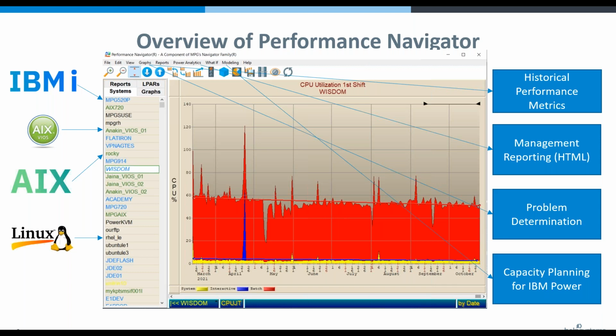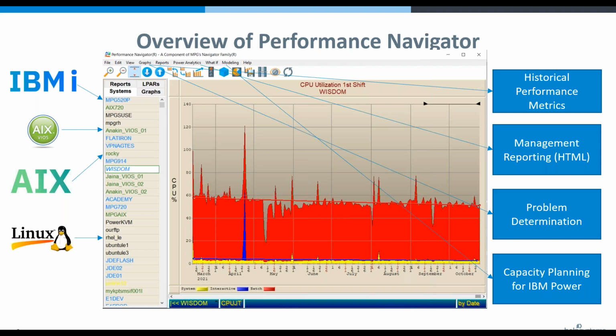But if we look off to the right, we have historical performance metrics. We have management reporting that we can output into HTML. We have customers that get that. They put it out to a shared server inside their infrastructure, and now their management team can see results. Or we have business partners that are MSPs that use that output to share performance with their customers.